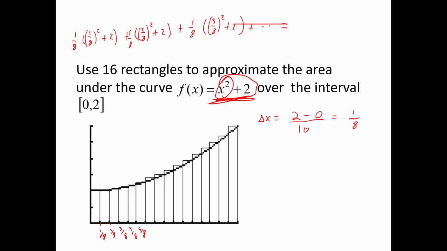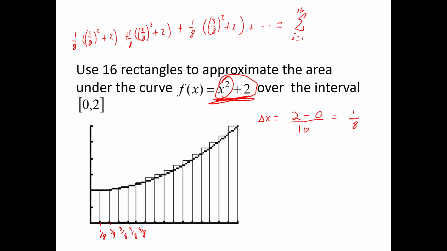So now we're going to write this in summation notation with 16 rectangles. I do not want to write down all of them because that's going to take too long, but we'll write this using summation notation. I equals 1, right? So the index is going to correspond to which rectangle I'm looking at, the first one, second one, third one, and there's 16 of them.